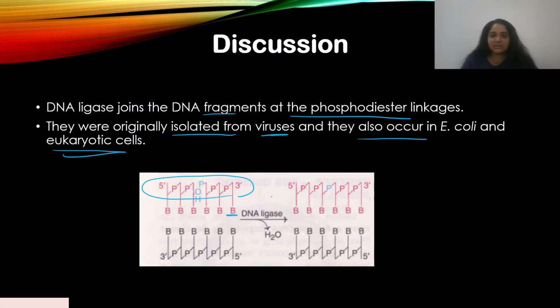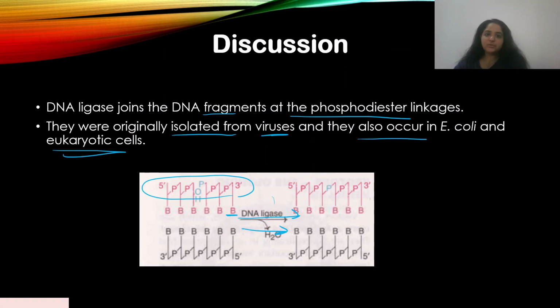So if DNA ligase is there, it will attach. Okay, clear? Alright, so DNA ligase does the job of binding the two DNA fragments together. Basically, that's what its job is.